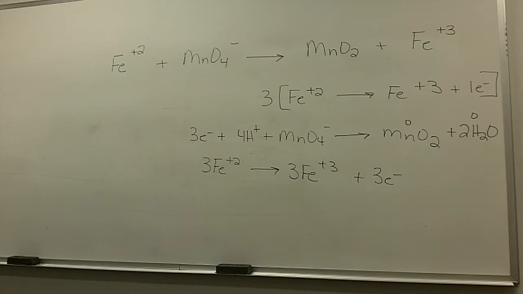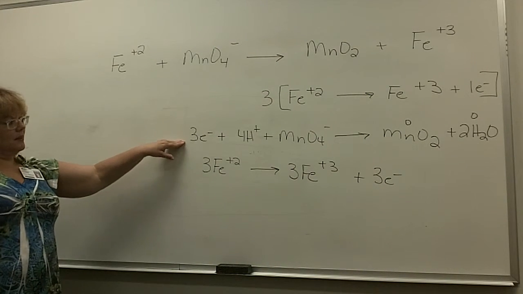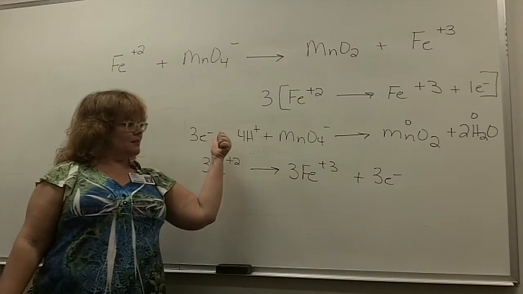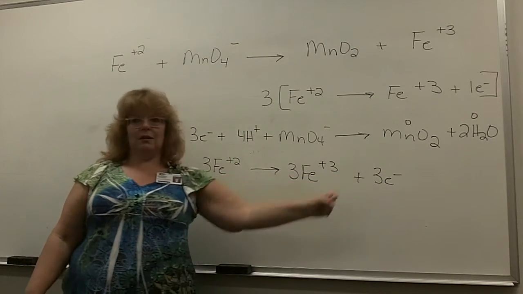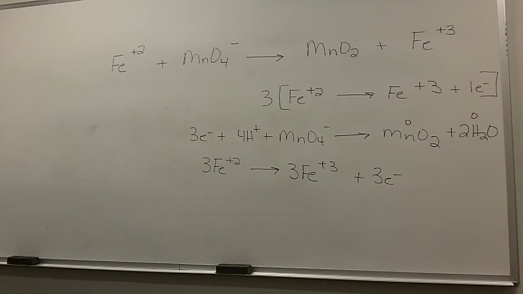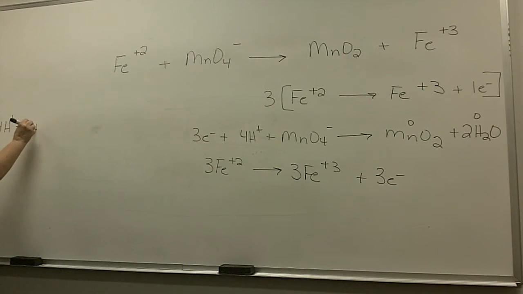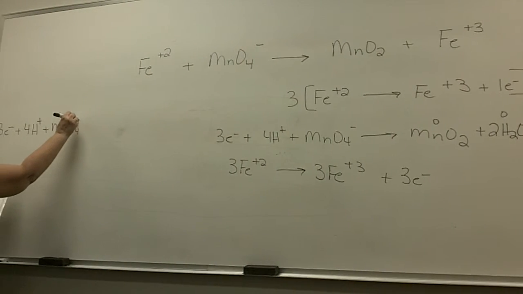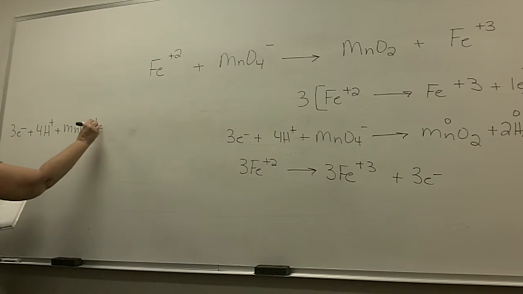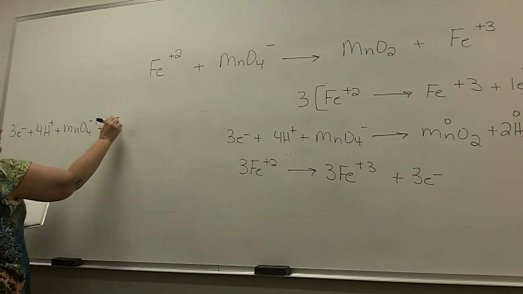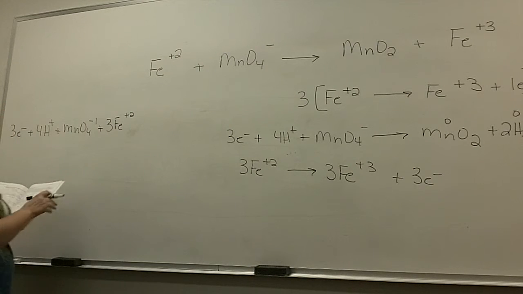So I've got 3 electrons on the reactant side and 3 on the product side. Now I add all the half reactions together, which is going to give me 3e- plus 4H+ plus MnO4- plus 3Fe2+.